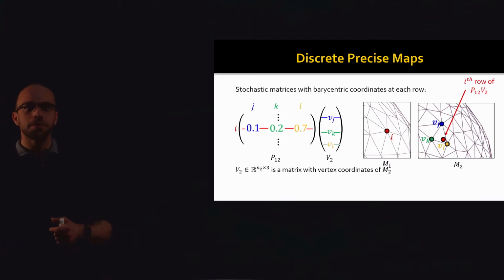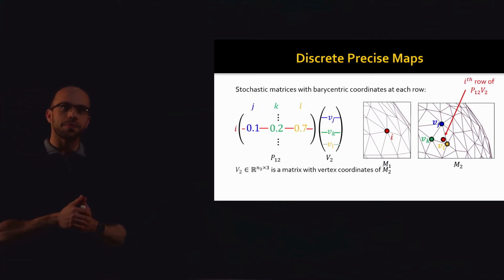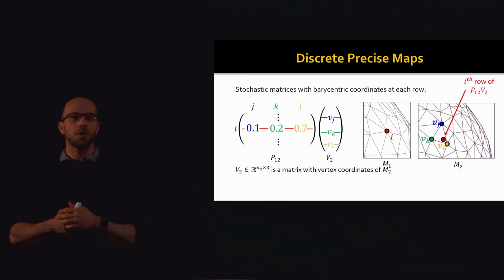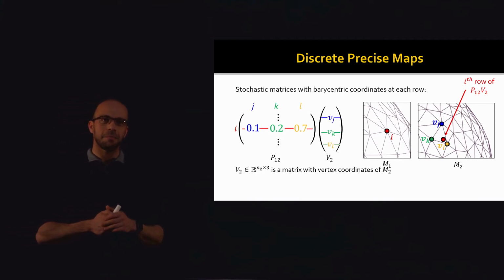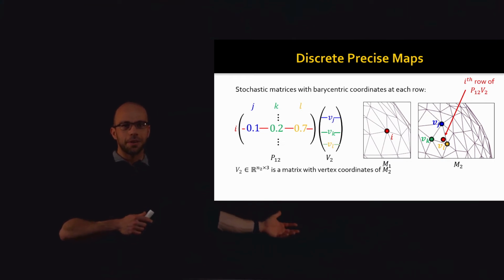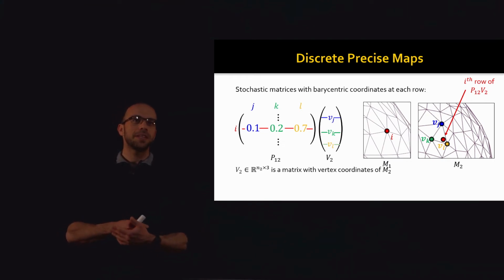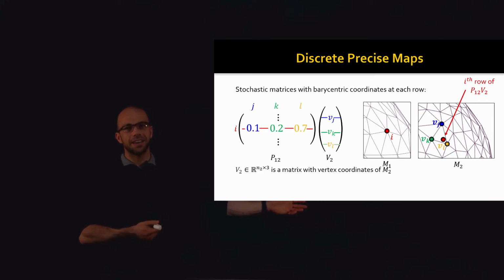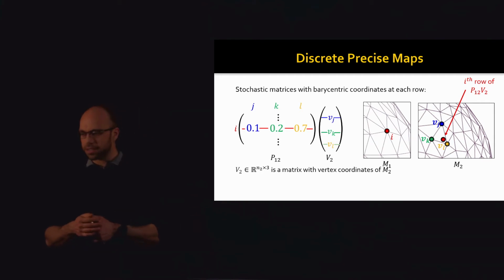Okay, so at the end of the day, for example, if I wanted the coordinates that get mapped from vertex i on M1 to some point on M2, what would I do? Well, basically, I would just take the weighted average of Vi, Vj, and Vk on the right-hand side, where the weights come from our matrix P12, which you can write as a matrix vector product as given on the slide here.